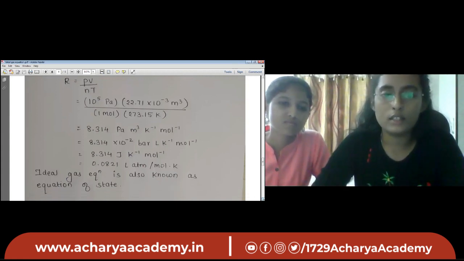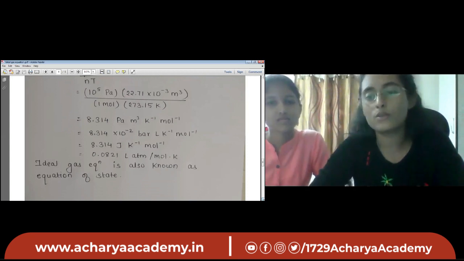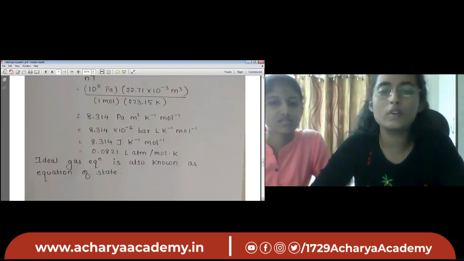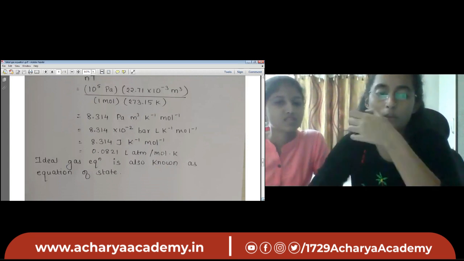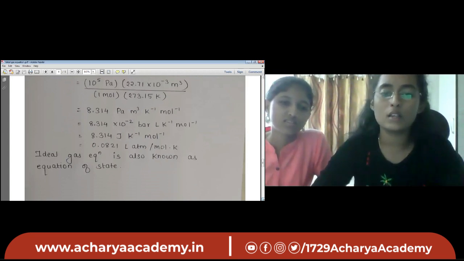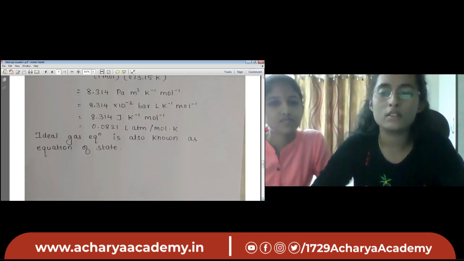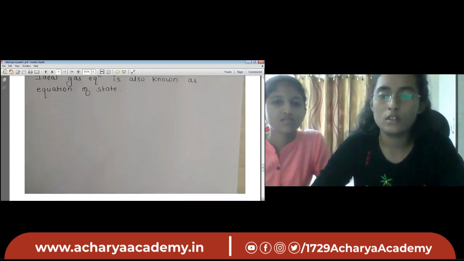These are some values, and you can use them according to the question. The values that will be given in the question, you will use accordingly. One more thing you should know: the ideal gas equation is also known as the equation of state, because it depends on certain assumptions which we make.